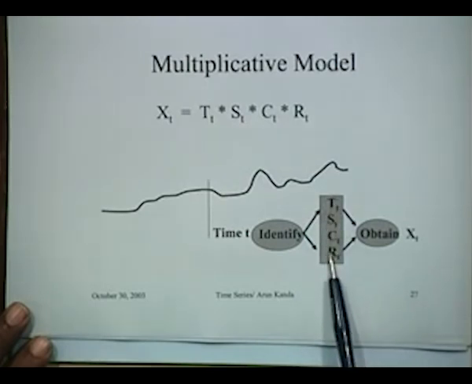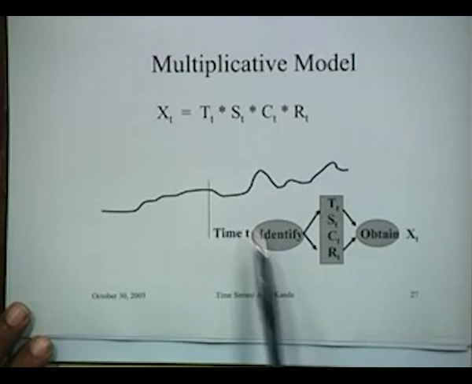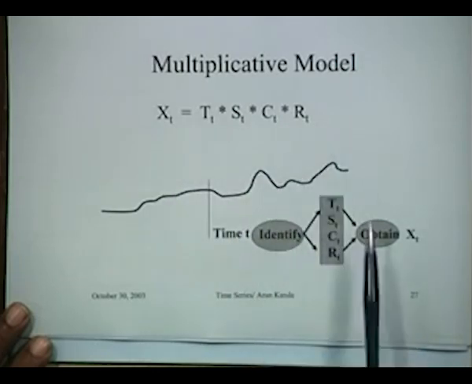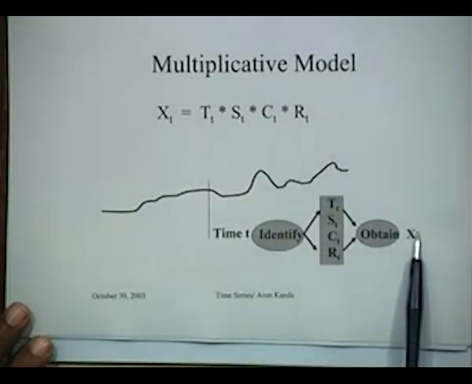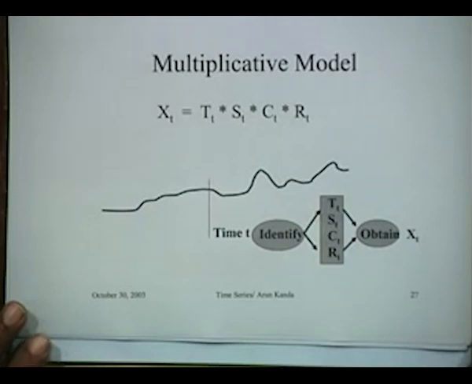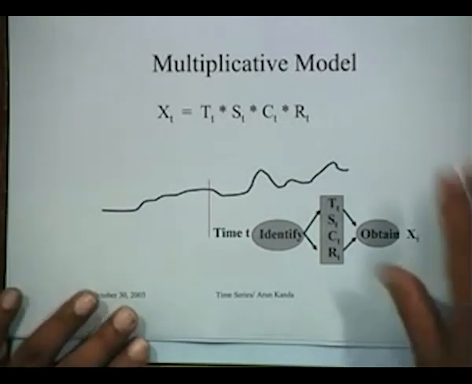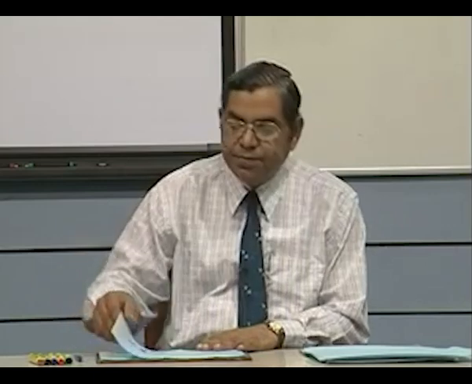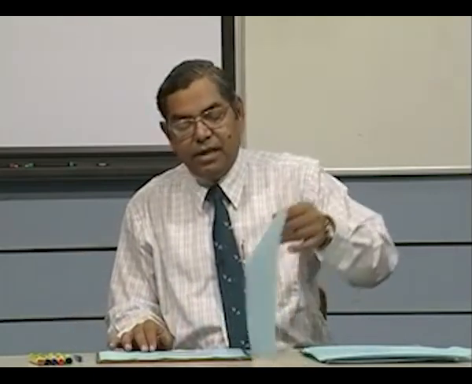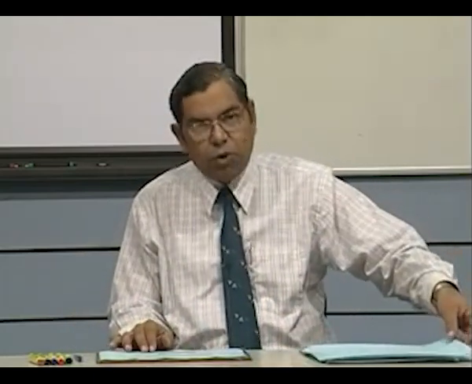Having obtained these components, you can put them together and use this formula and obtain xt. That's what it is in the multiplicative model. Okay. Now how it's done is something that we'll see shortly.